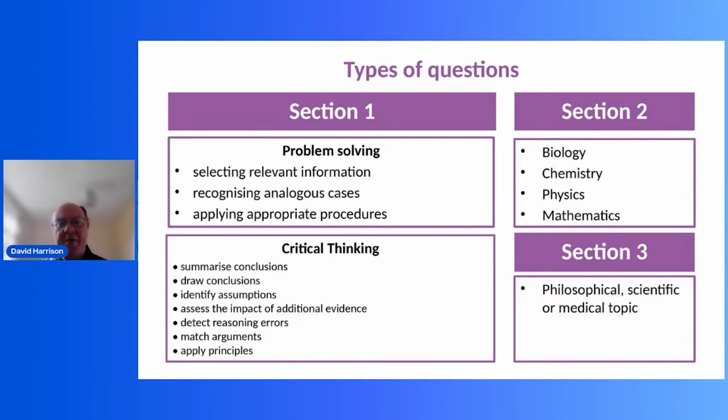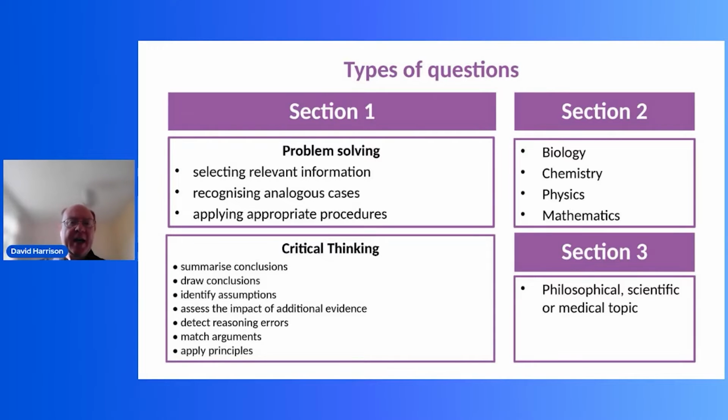So you might have, for instance, a diagram or a graph and some written information, and you're identifying some of the similarities between those different presentations of data. And you've also got this idea of applying appropriate procedures. So that might be doing calculations and applying those in order to work through to getting the correct answer.